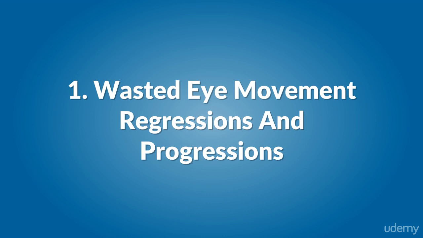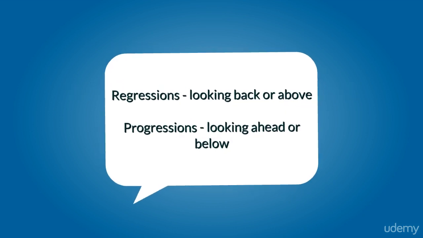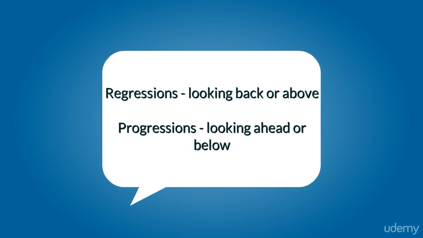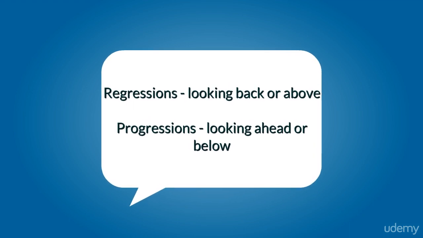These unnecessary movements are known as regressions, looking back or above, and progressions, looking ahead or below. These movements waste a lot of time and energy while reading. Now, how an effective reader actually reads.